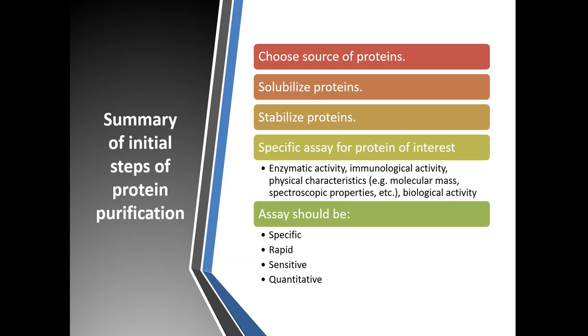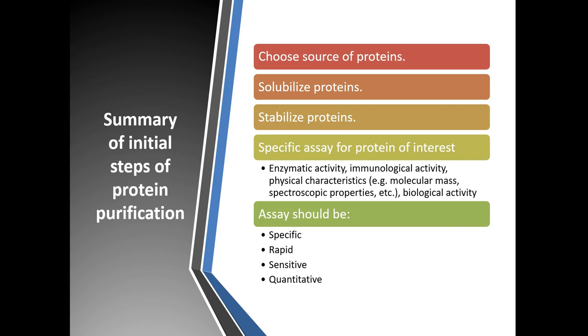Once we've kind of thought through these questions, we now want to think about the basic steps that we need to perform as far as protein purification and analysis is concerned. So obviously the very first step would be to choose the appropriate source of proteins. If I'm looking at intracellular proteins, I want to look at cells, and I want to go inside the cells, or tissue samples.